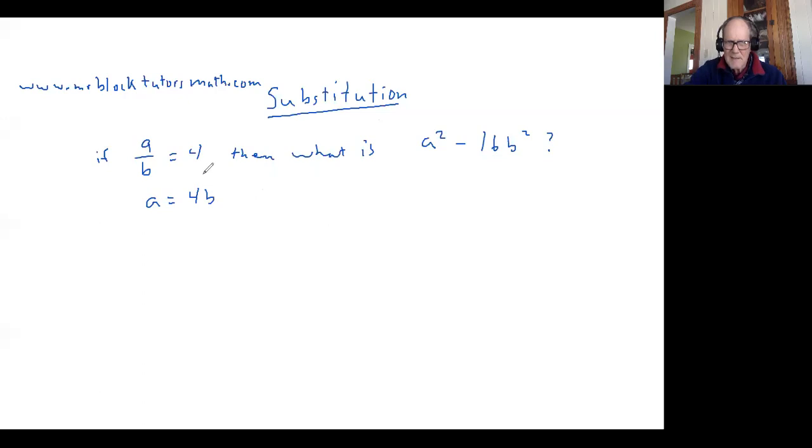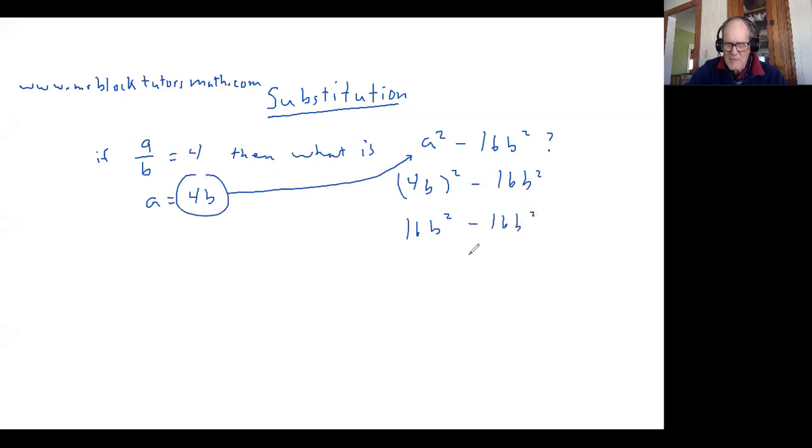And then let's take that 4b and substitute it into a squared. So a squared becomes 4b squared minus 16b squared. 4b squared is 16b squared minus 16b squared. Isn't that interesting? Answer 0.